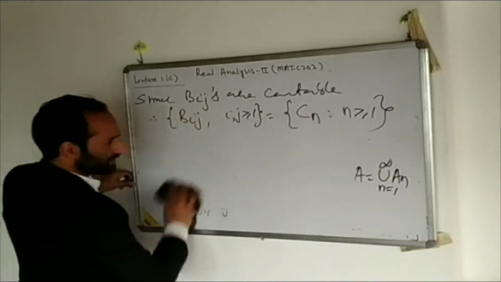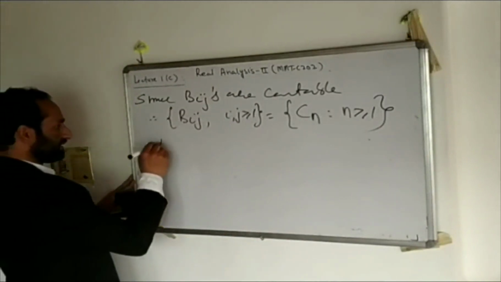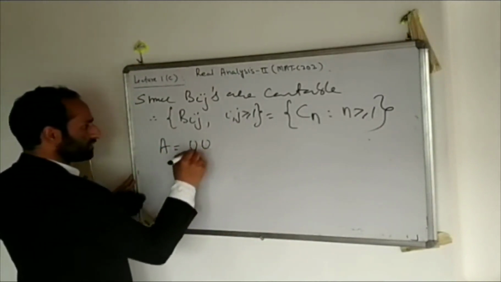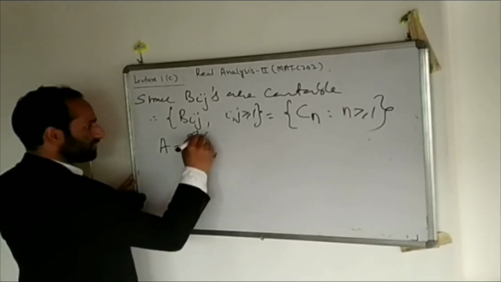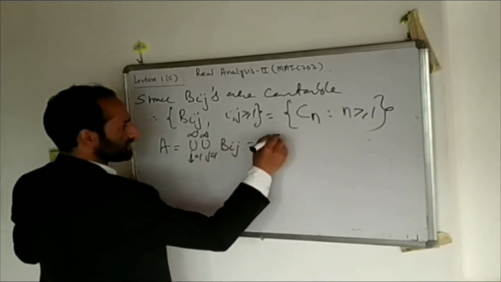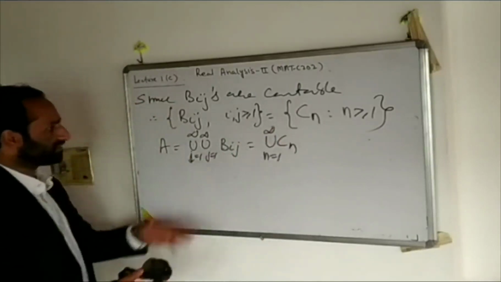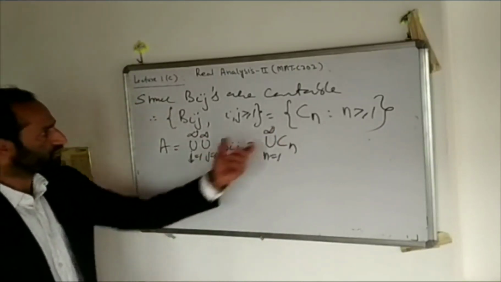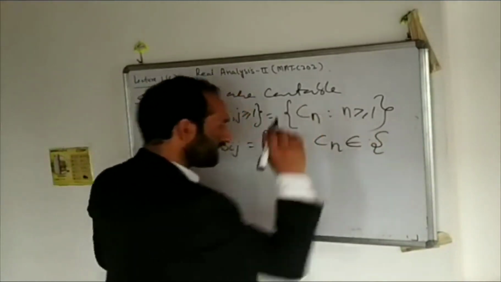And now you can write A, the double union of Bij, i from 1 to infinity, j from 1 to infinity, as the union of Cn, n running from 1 to infinity, where the Cn's are actually the Bij's. It's just the enumeration of this class. So these Cn's are the members of S.